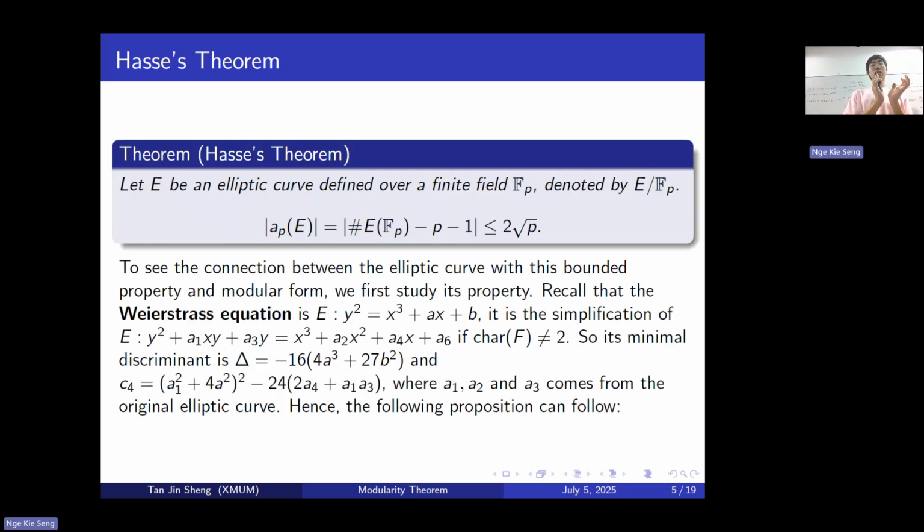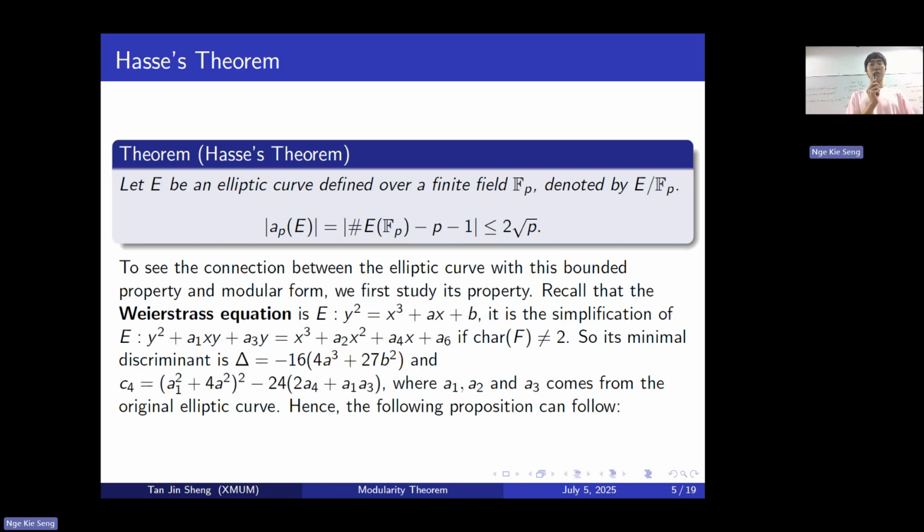When you are given an elliptic curve on the finite field F_p, we denote this elliptic curve for simplification as E over F_p. So here is a bound for the number of solutions of the elliptic curve.